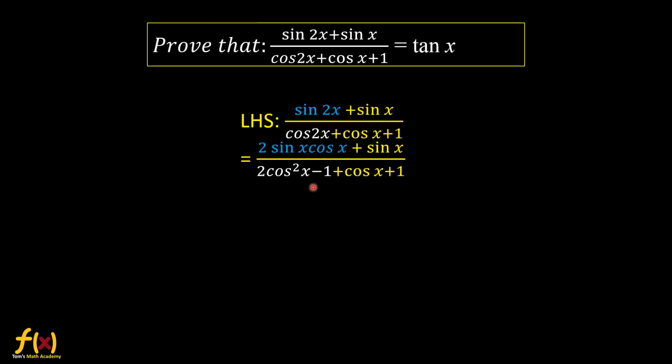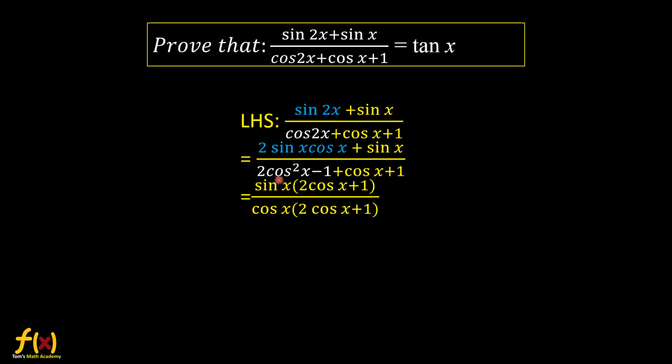Cos 2x is 2 cos square x minus 1. Remember that, don't blindly cancel this 2 and 2. Don't make a big mathematical error there. Minus 1 plus 1 becomes 0. So we factorize the numerator. Sin x is common. Inside the bracket we get 2 cos x plus 1.